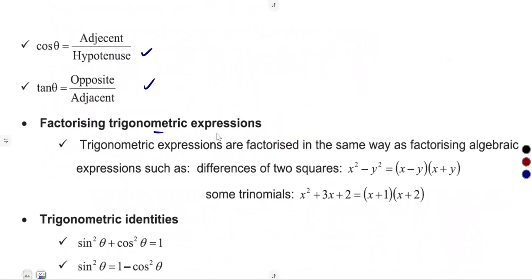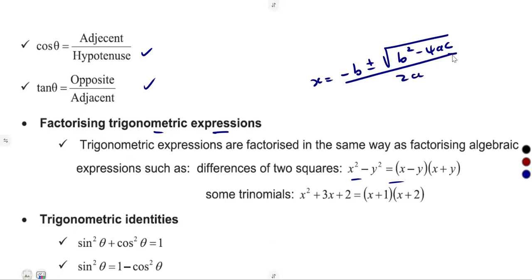Factoring of trigonometric expressions where it is necessary, from the difference of two squares, any quadratic trinomial factorization, the use of the quadratic formula x is equal to minus b plus or minus the square root of b squared minus 4ac, everything over 2a. Remember all those, we are going to need it.